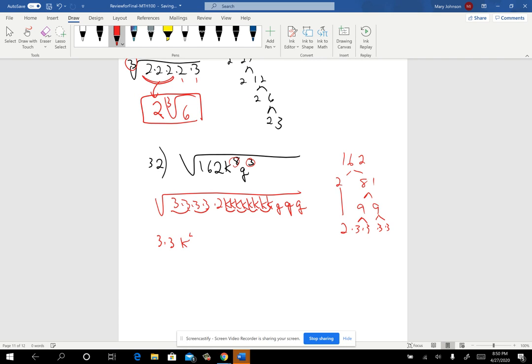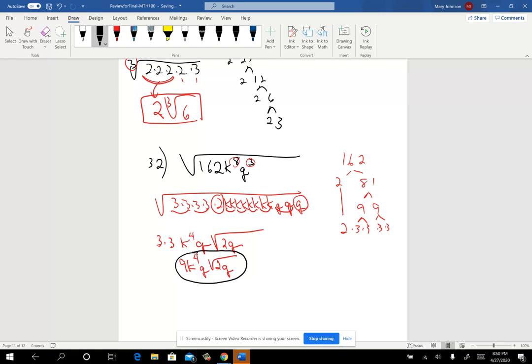So that'll be 1 for each of those 4 pairs. Then you have a Q squared. So you'll be able to bring out a Q. And then underneath the square root, this 2 and this Q will be left underneath it. So that's going to be 9 K to the 4th Q and then square root of 2Q. And so there you have it.